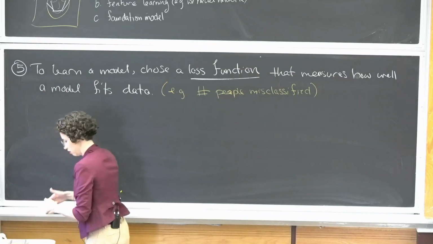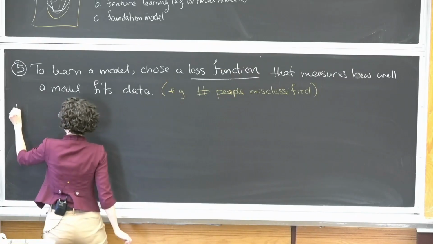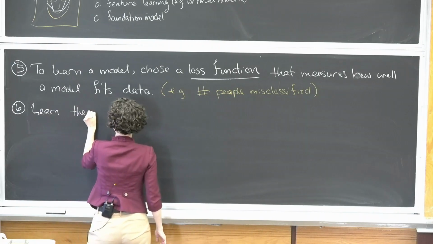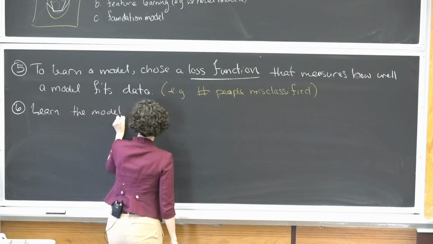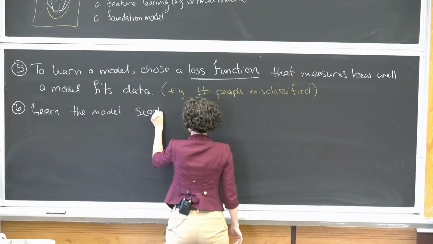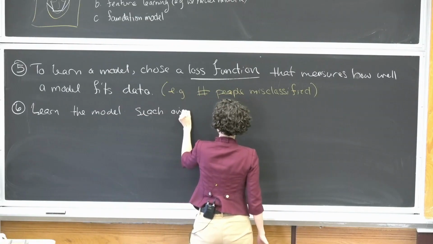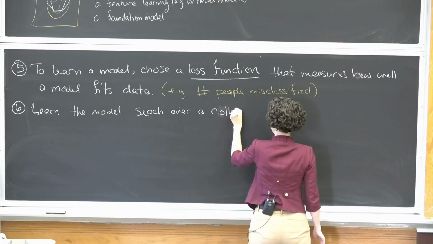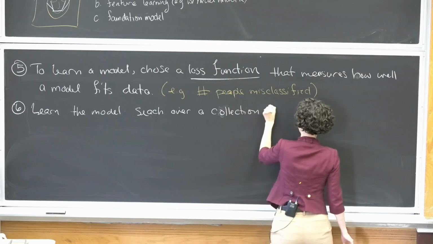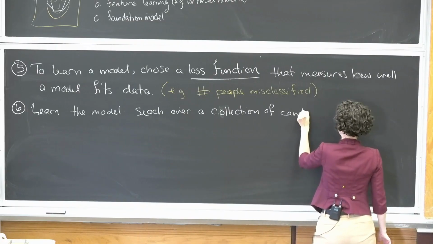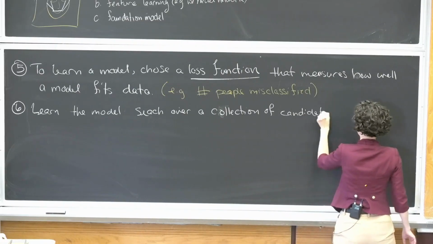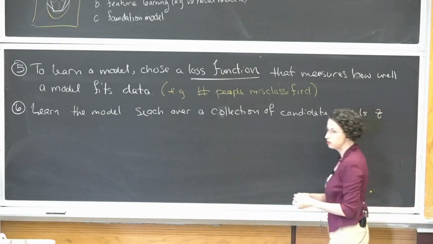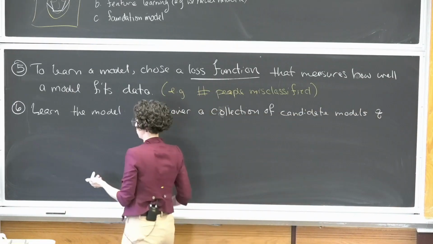And then finally, we are going to learn the model. So in general, what this means is that we search over a collection of candidate models and choose the one that has the smallest loss.